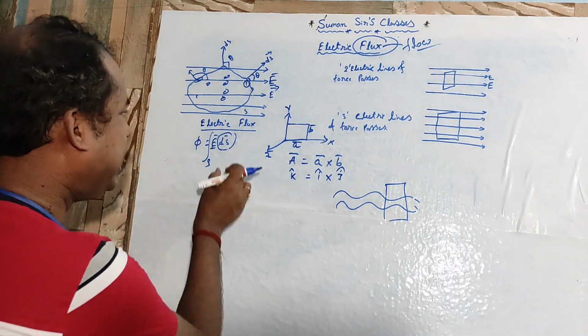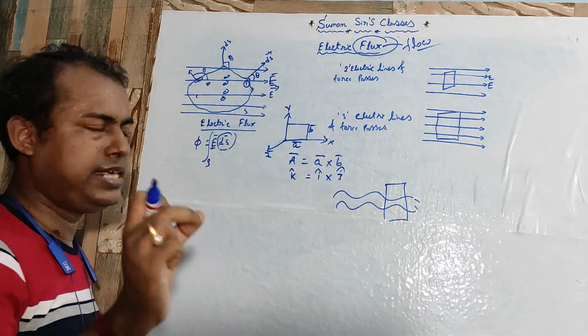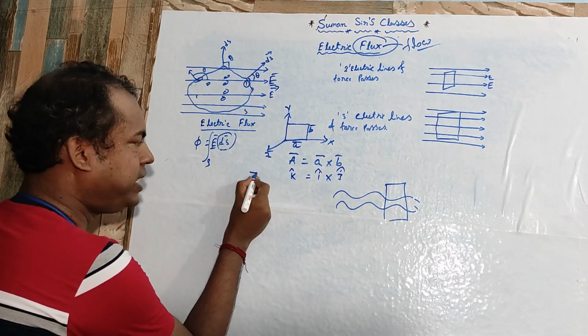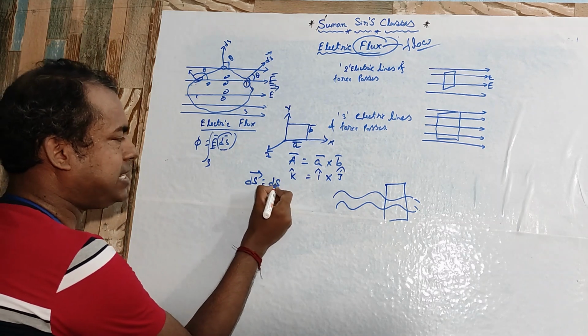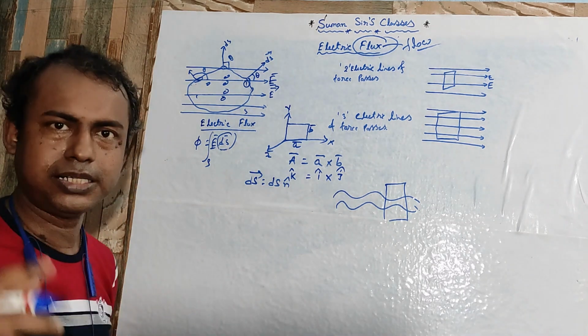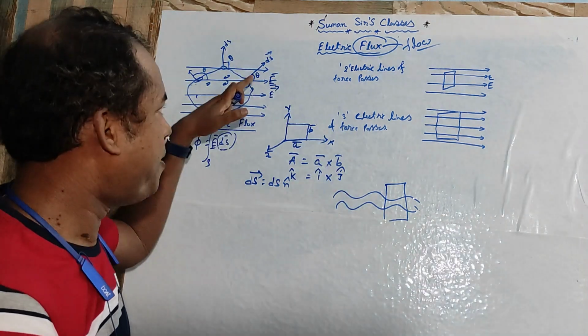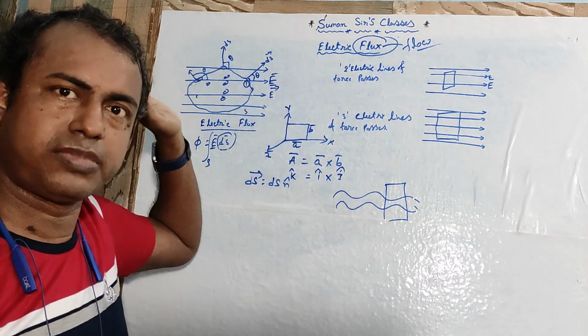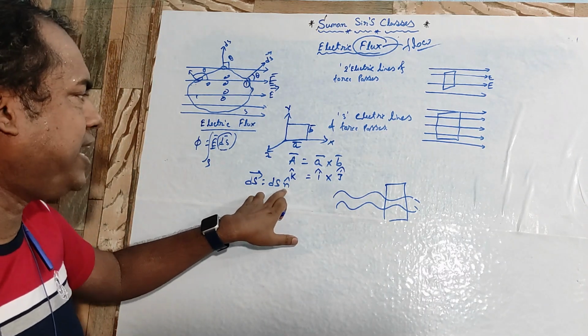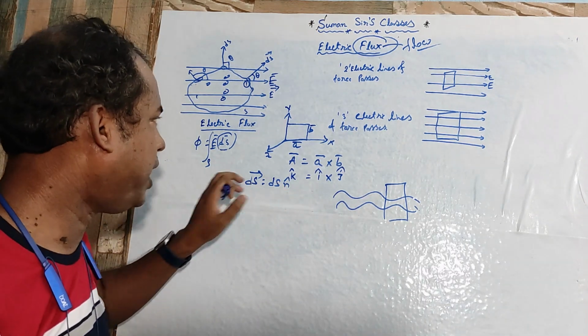Now we consider dS. dS is the area, and area is a vector. So the vector dS can be written in the form dS times n cap. Am I right? Because n cap is a unit vector and its direction is obviously perpendicular to the surface. Clear? So dS times n cap represents the vector dS.